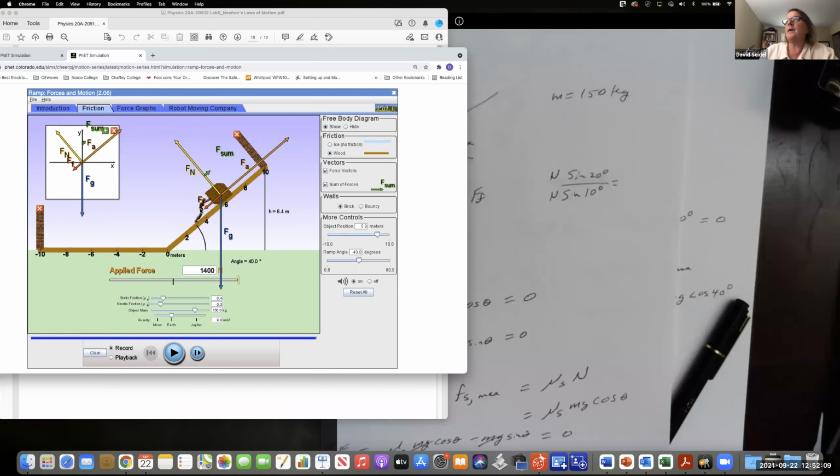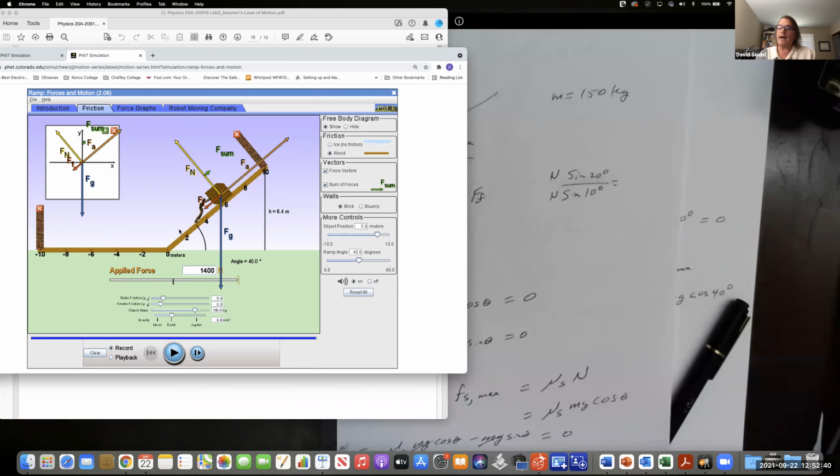If the force applied is less than mg sine theta, there'll still be a force of friction pointed up the plane so that it's opposing the object going down the plane. Okay? Always opposes motion. So there's a big band of applied force where the object won't move.